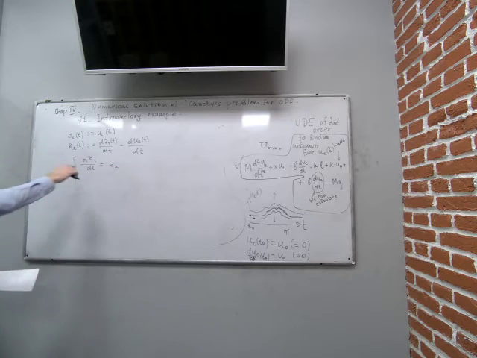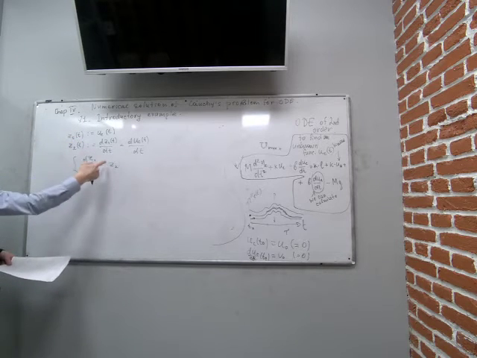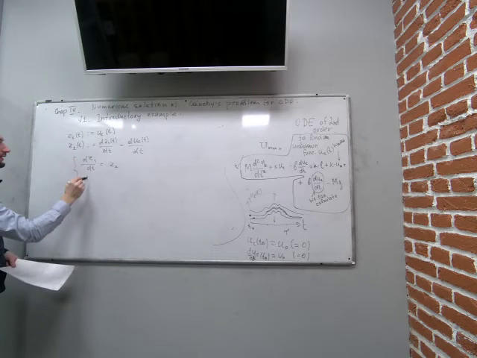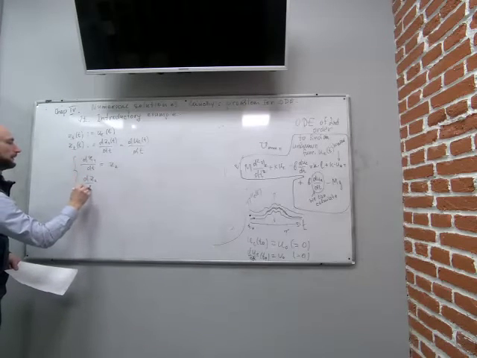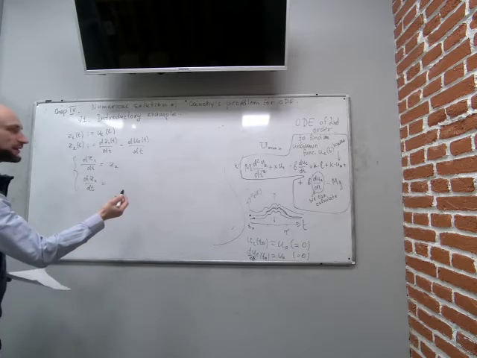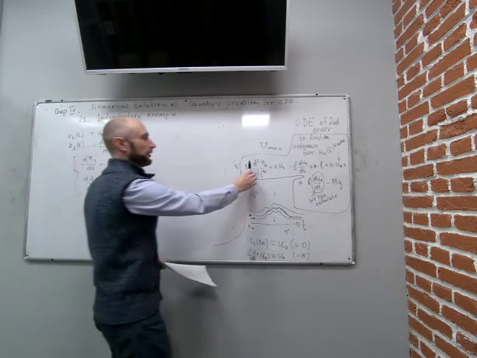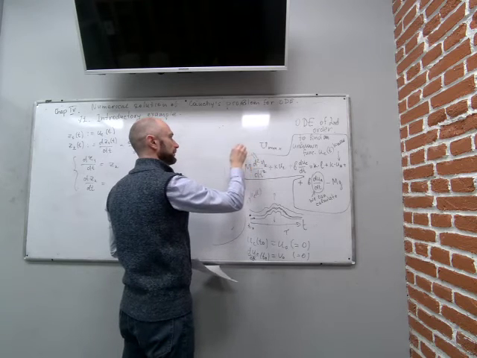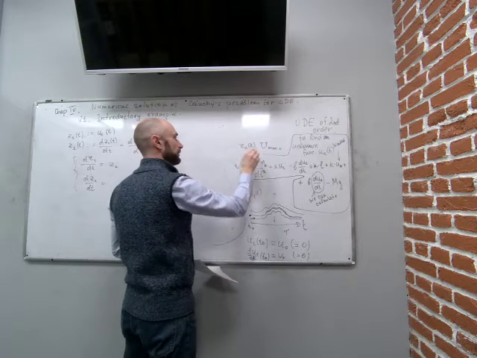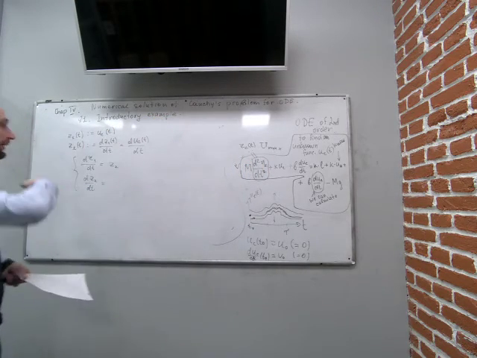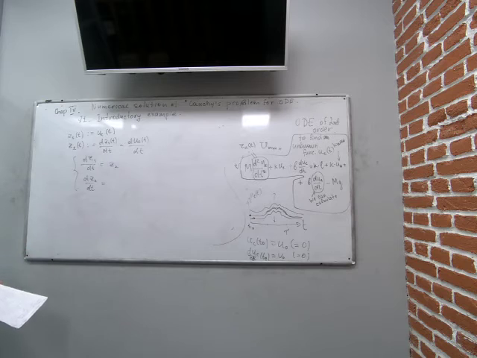The derivative of z1 is just z2, and the derivative of z2 is everything else, so we have to move everything else to the right.